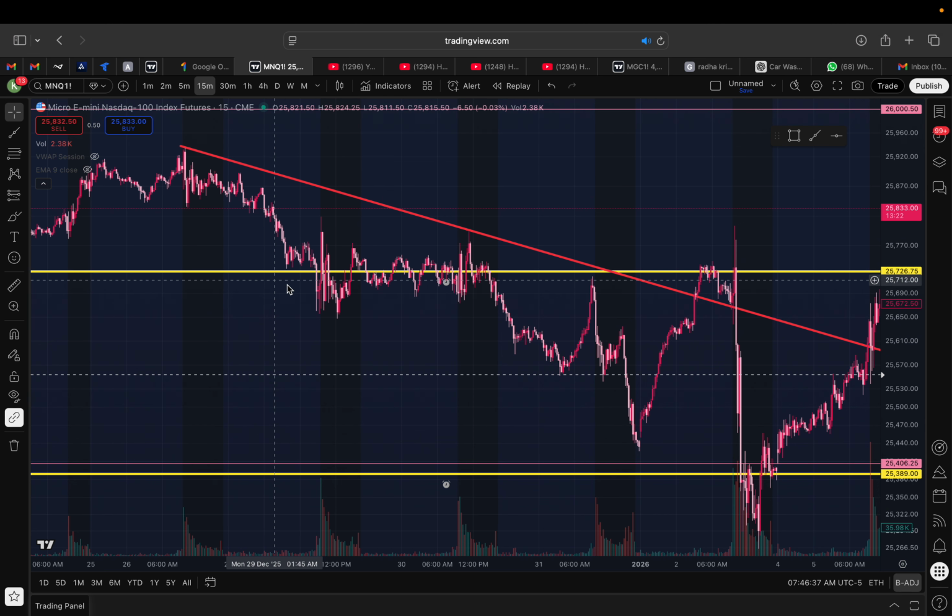So this was a 2 touch point break, and then it broke in already. It was already broken somewhere around 345. It went to this resistance level and then it made a pullback, right?